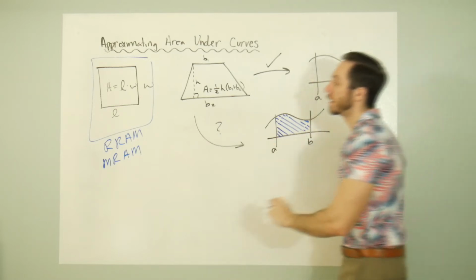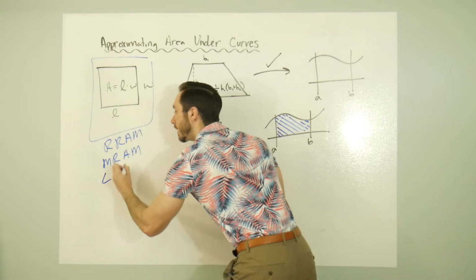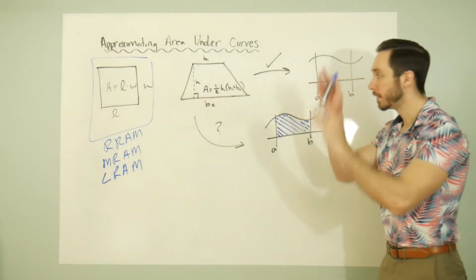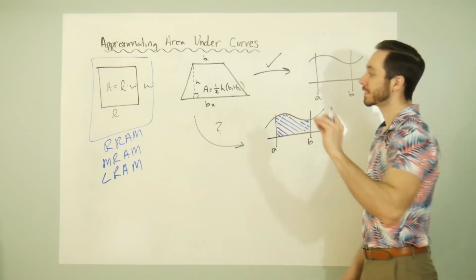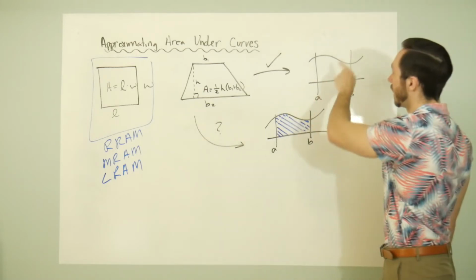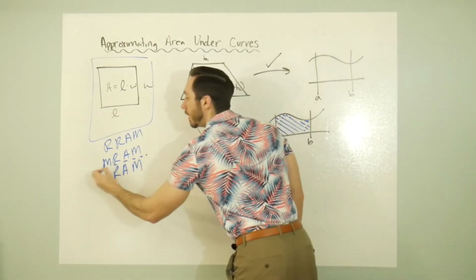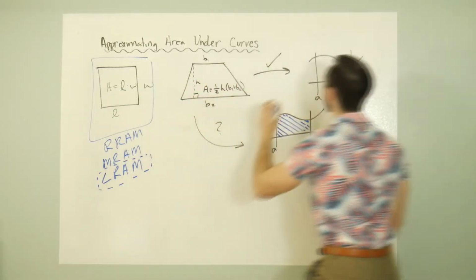Lastly, there's another approximation method called LRAM. When you draw the rectangles, the top left corner of each rectangle is on this curve. How about I do LRAM? LRAM is a pretty common one to ask for.